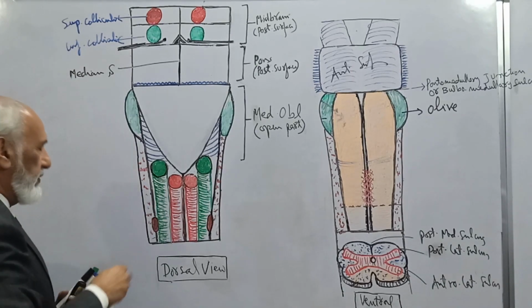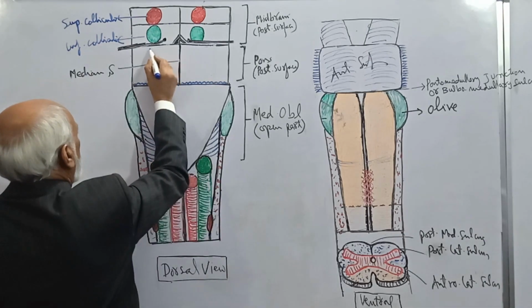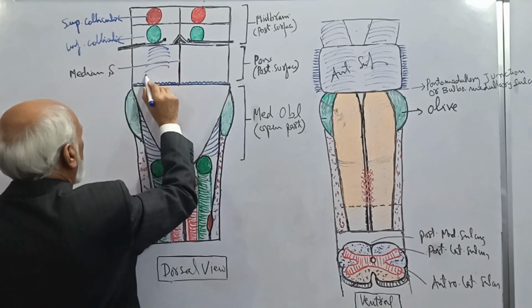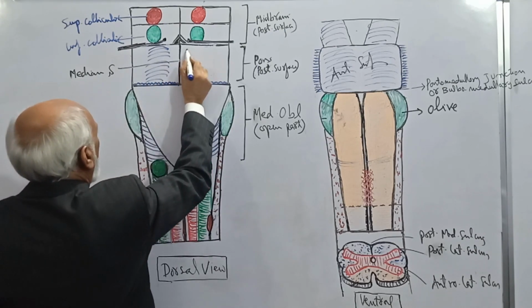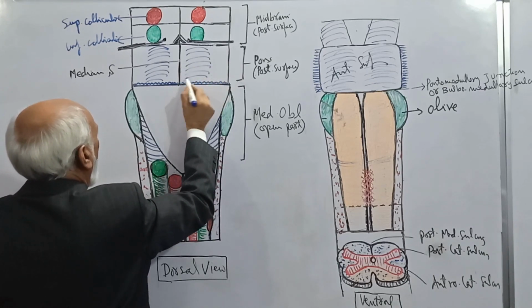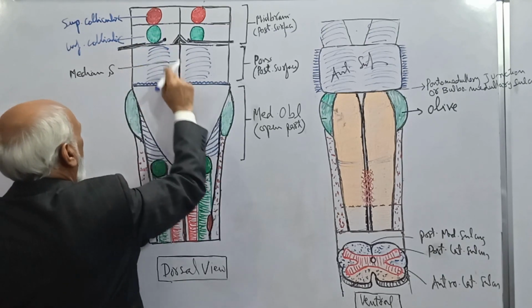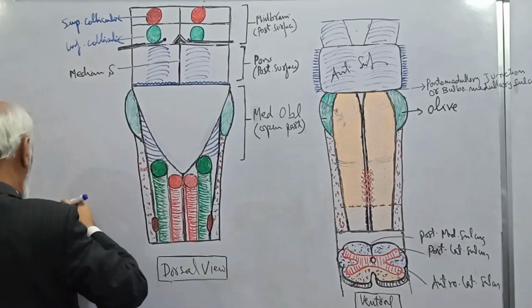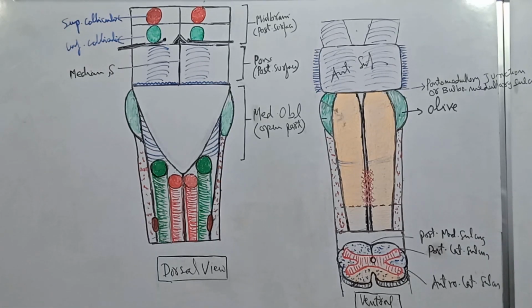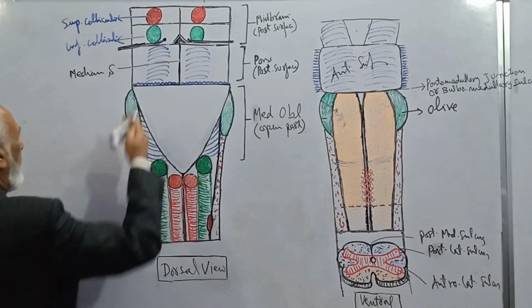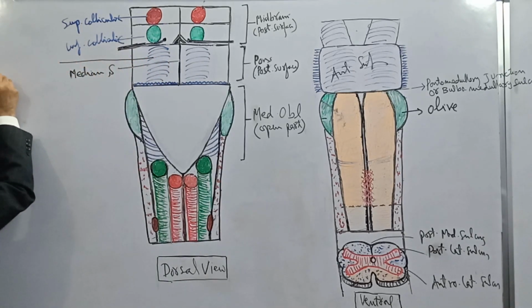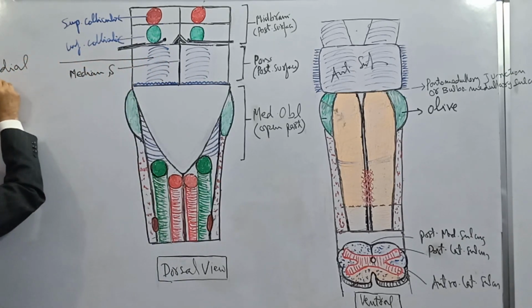Now, on each side of the median sulcus, I told you there is a longitudinal ridge known as the medial eminence. Medial eminence.